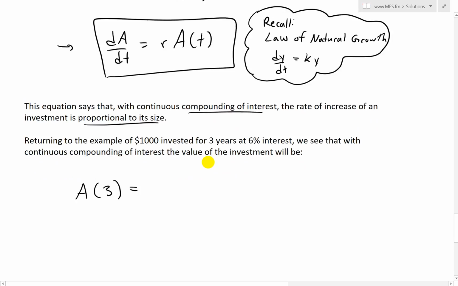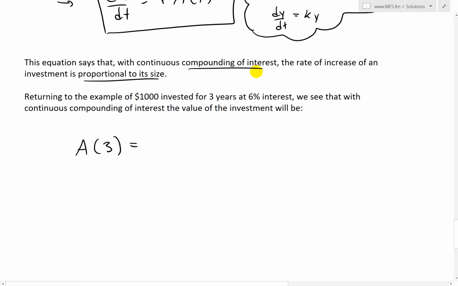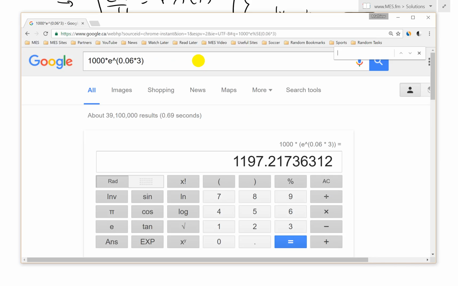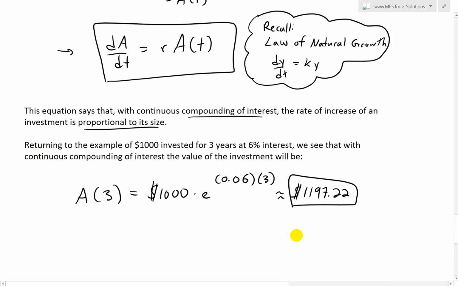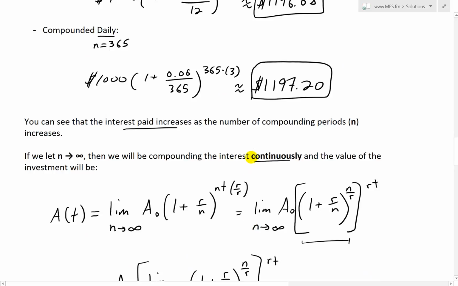Our A0 is 1,000, times e to the r, the interest rate, which is 0.06, times 3 years. So 1,000 times e to the power of 0.06 times 3, if you calculate it out, we get 1197.22, rounding it up.